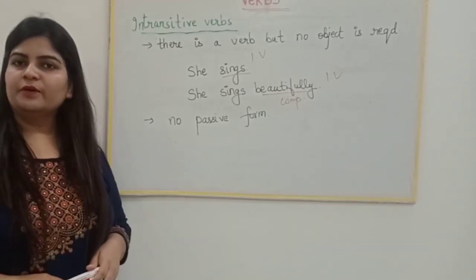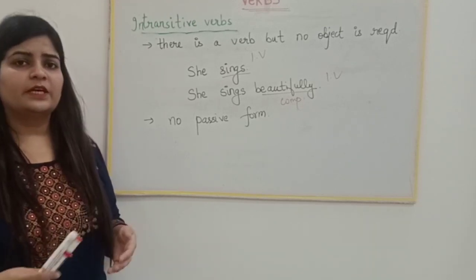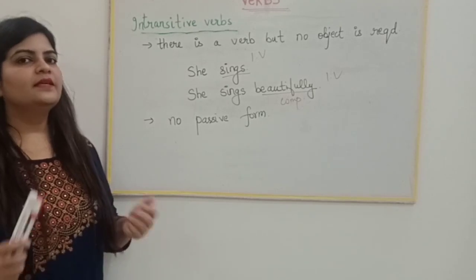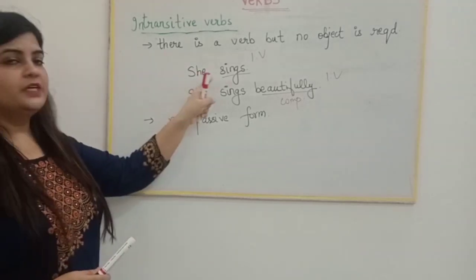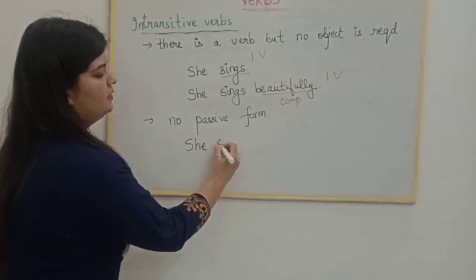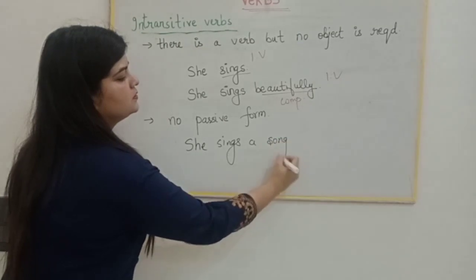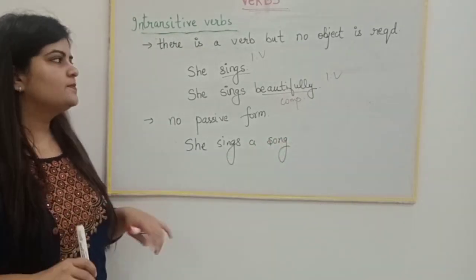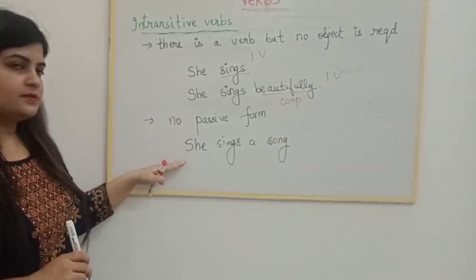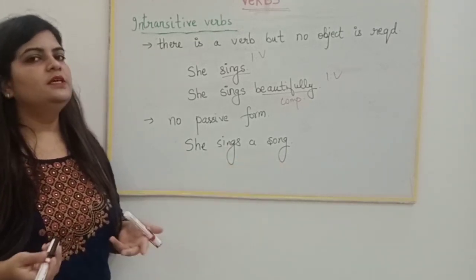You all may have a question whether these intransitive verbs can be used as transitive verbs. Let's understand this. She sings. I will make a new sentence: she sings a song. I have just modified this sentence. Now what does she sing?